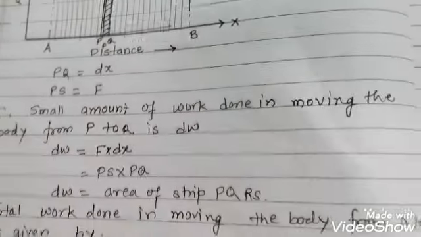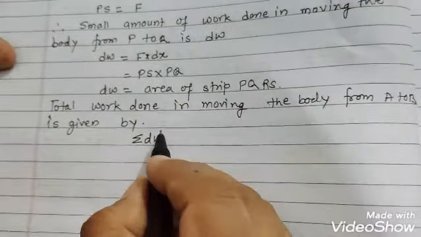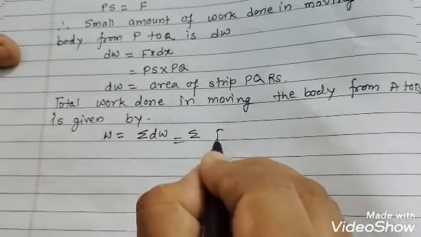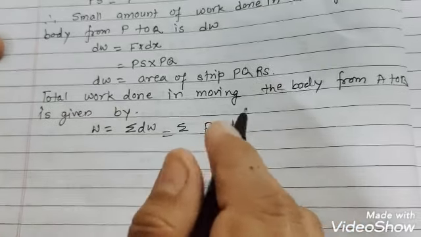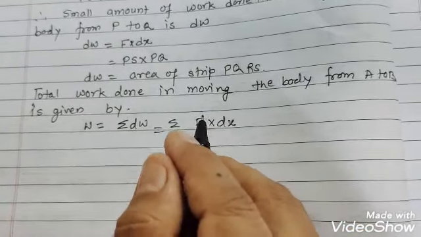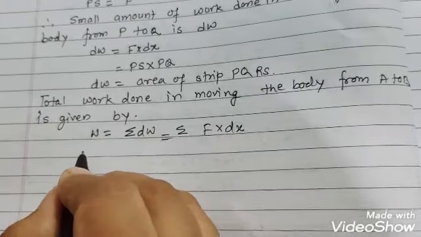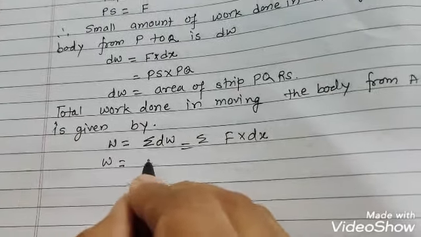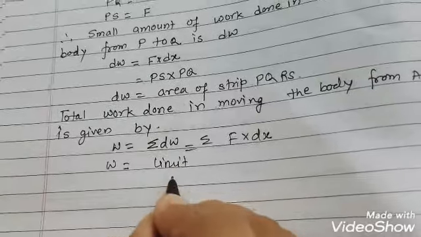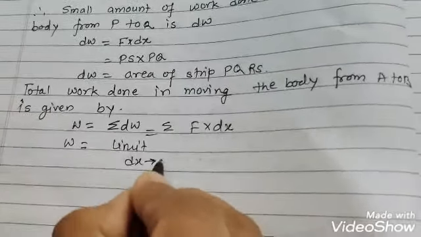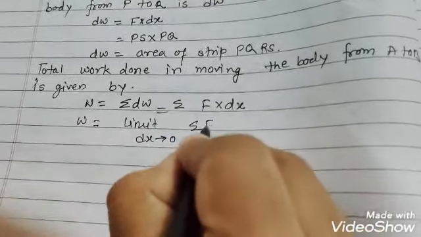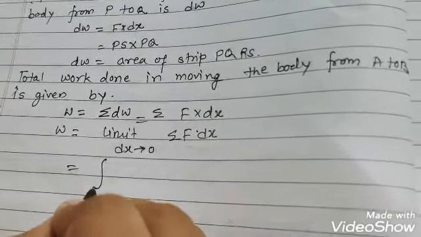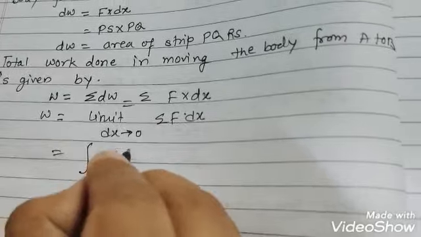So the total work done W will be equal to the sum of all the small work done from A to B. If dx is a very small displacement, we can apply the limit dx tends to 0, and the summation sign will change into the integration sign, F dx.